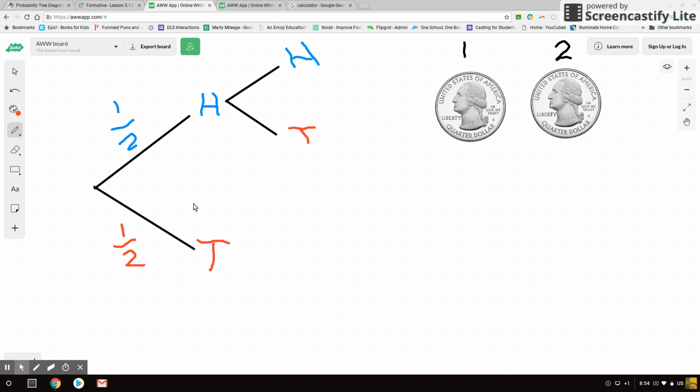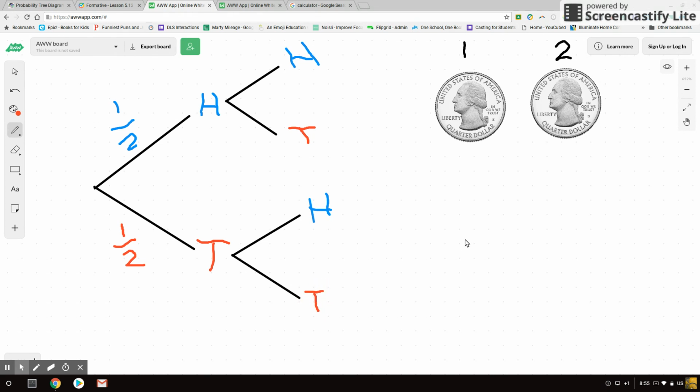Now if we go back to the beginning, that first coin could also come up tails. If that first coin comes up tails, we have 2 possible outcomes again for the second coin, right? So we get tails on our first coin, and our second coin could come up heads, or it could come up tails.